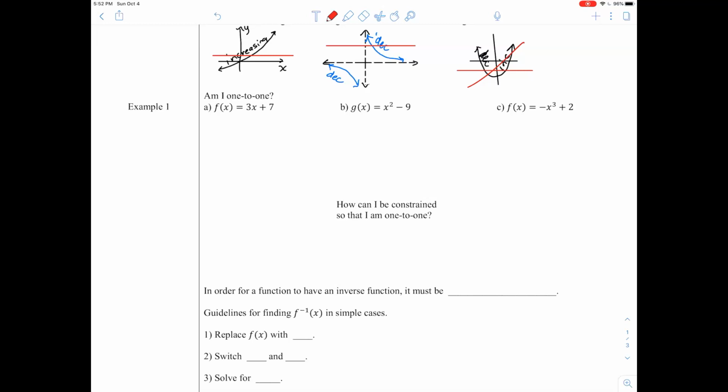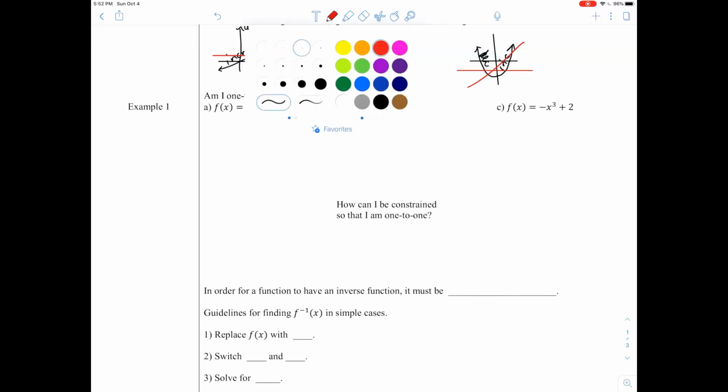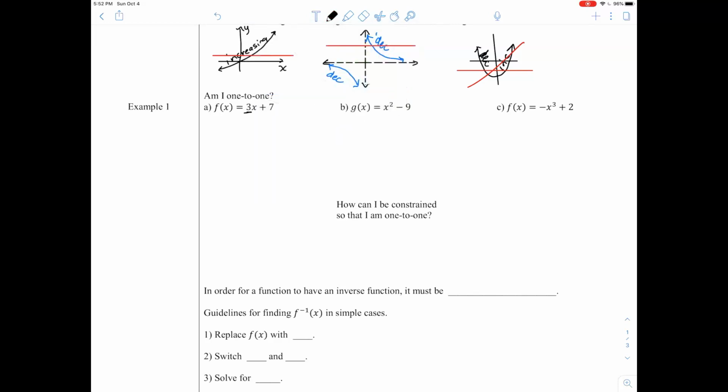So let's take a look at the first one. We have f of x equals 3x plus 7. So that's a linear function, right? It has a positive slope, so the slope will be increasing. And if we were to just graph it quickly, here's our x-axis, here's our y-axis, and we'll just go by 3.